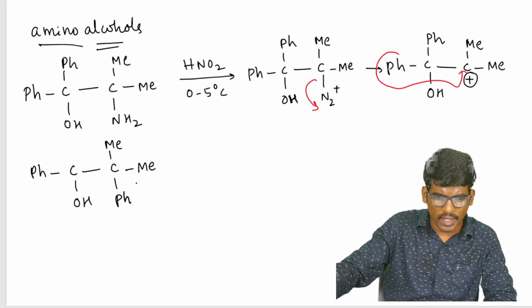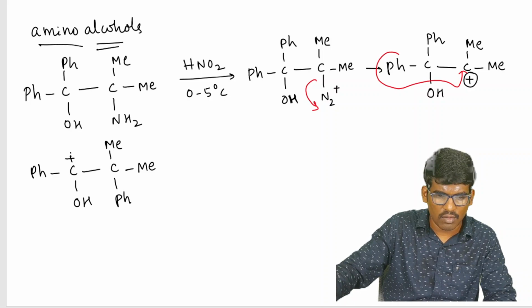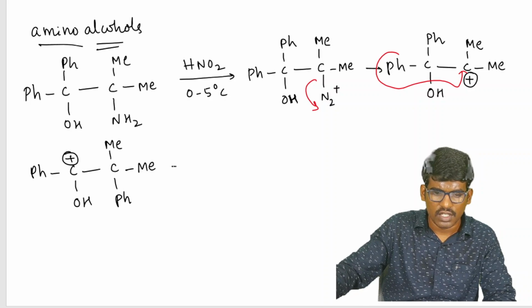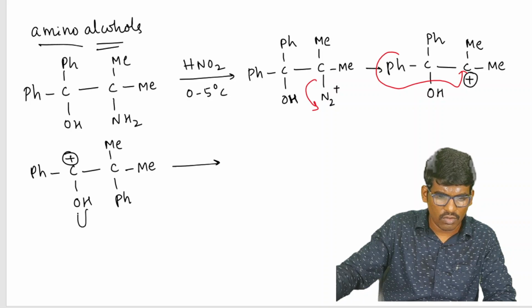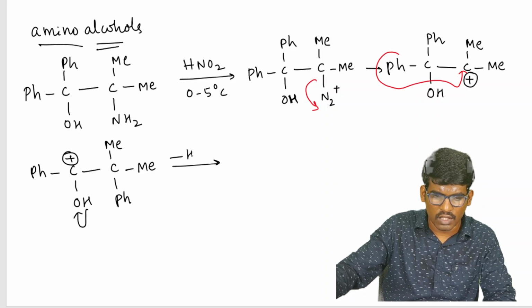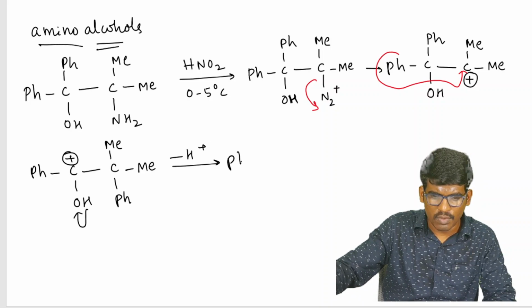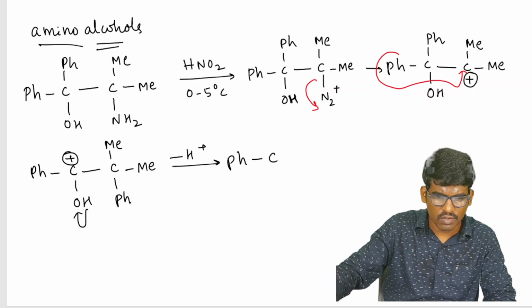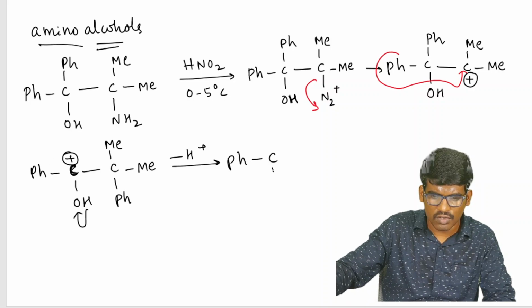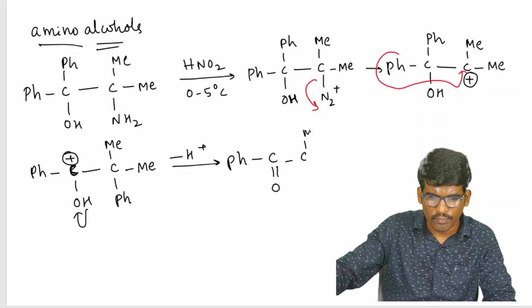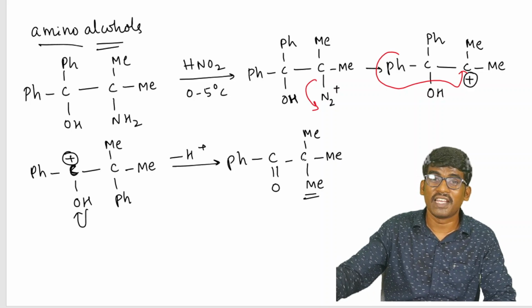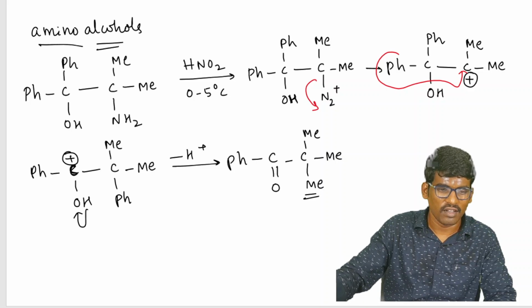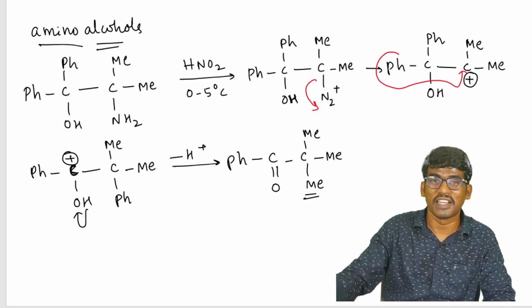Here the Ph group has been migrated and this carbon acquires positive charge. Then as a next step, we remove H in the form of H plus, then this positively charged carbon and negatively charged oxygen can form a bond. You will get Pinacolone. In such a way, even amino alcohols can give this kind of rearrangement.